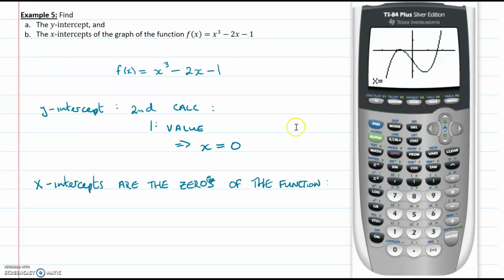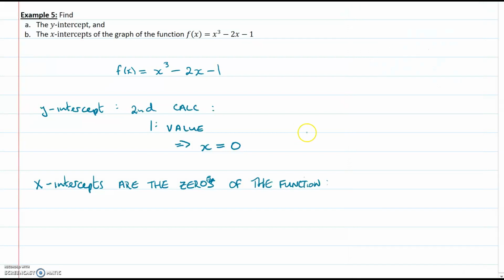Now it's x equals, and we want it to be 0, so just type in 0 and press enter, and it tells us that the y is equal to negative 1. So the y-intercept is equal to negative 1.